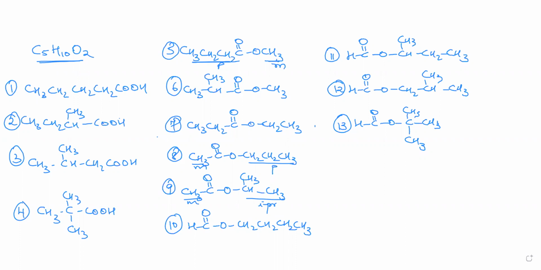6 and 7 are also metamers. Yes. 6 and 8. Yes, these are also metamers. 6 and 9 is also metamers. 6 and 10 is also metamerism. 6 and 11 also, 6 and 12 also, 6 and 13 also. 7 and 8.